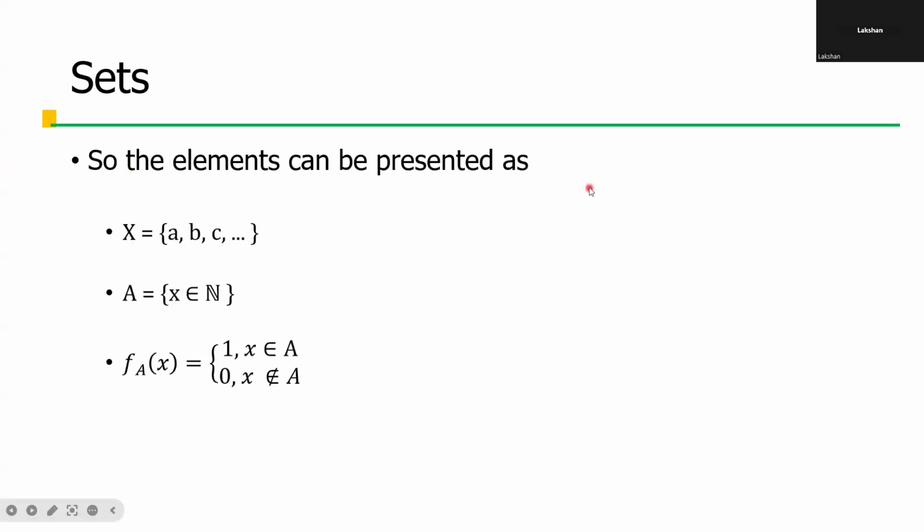The elements can be presented as each and every single element, or we can go with a definition. In here, capital A was defined as all the natural numbers, so the x can go from 1 to infinity.